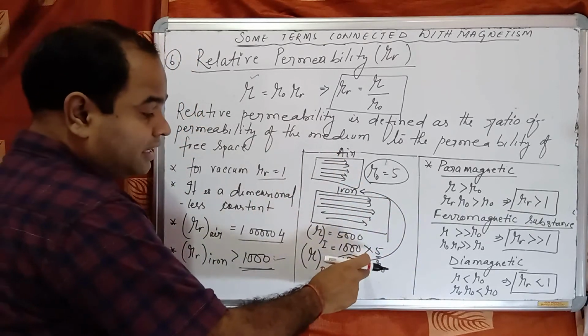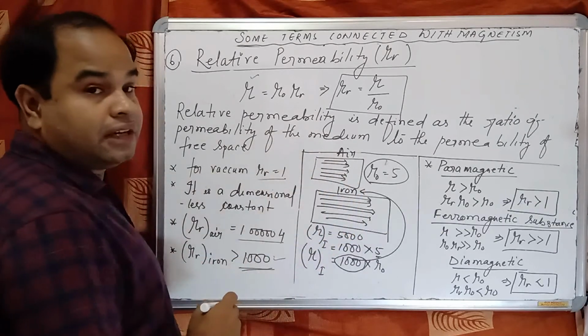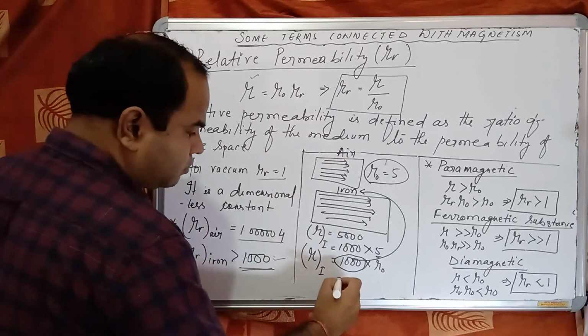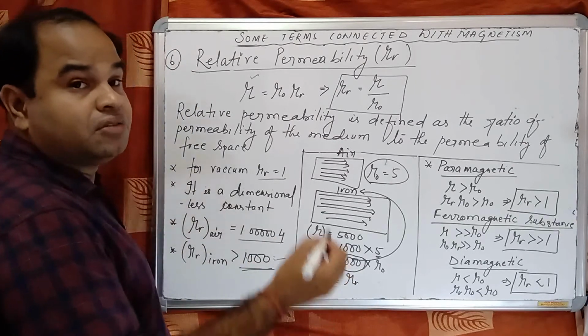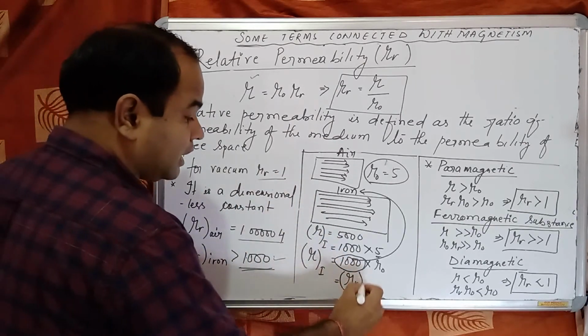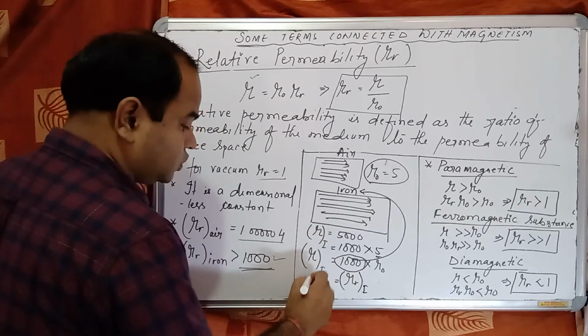We will assign this constant to iron medium, and we write this as mu r, the relative permeability of iron.